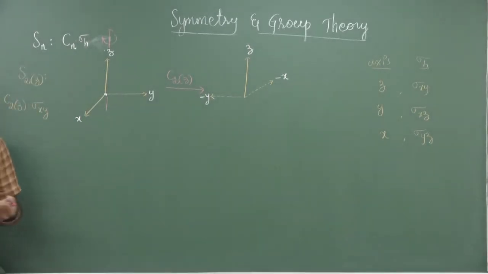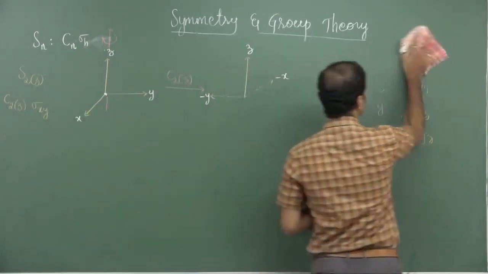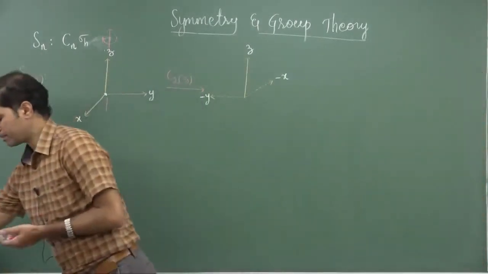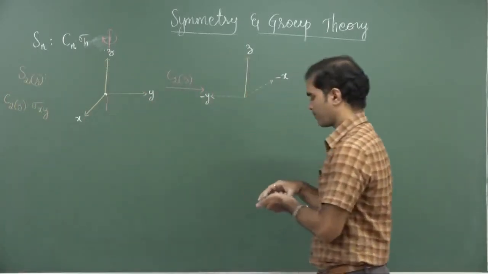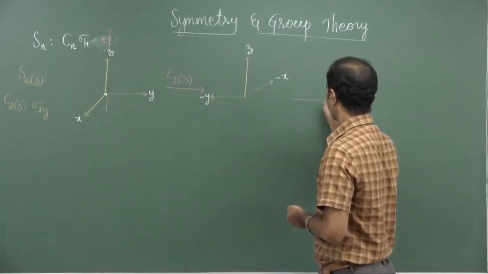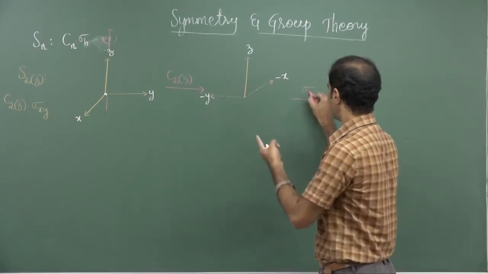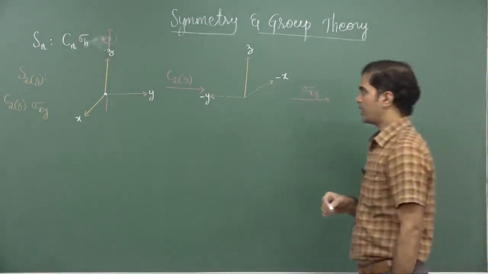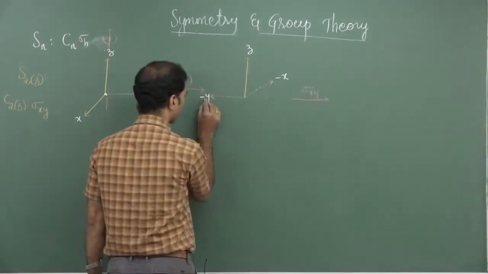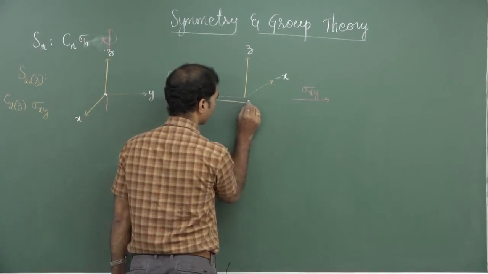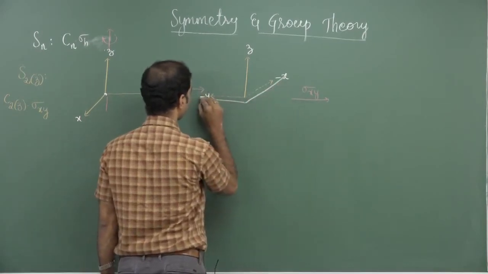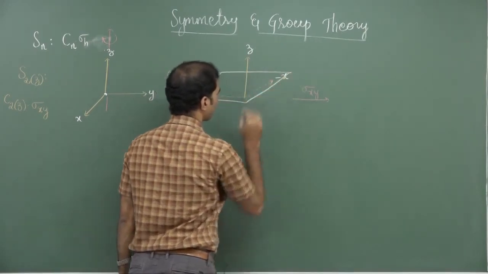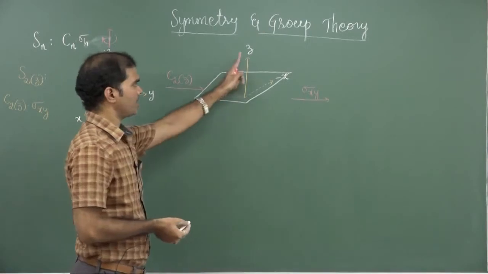Sn, as I said, is a combination operation: a Cn followed by a perpendicular sigma. Now this is a sigma xy. Xy has to be passed. So where is this xy? This is the plane which is perpendicular to the z.